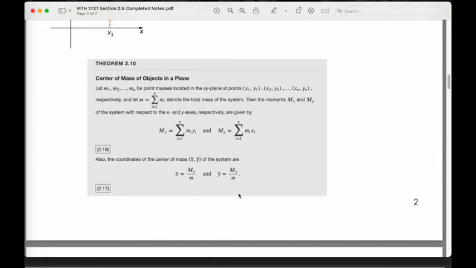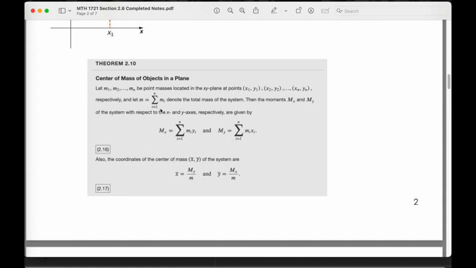Now going down to look at how we find the center of mass, we're just extending the idea that we did before, where we take the mass and we multiply it by distances. But now that we're looking at it in two dimensions, we have to keep in mind we want to find the moment about the x-axis and then the moment about the y-axis. So we're going to have to find an ordered pair as your center of mass.